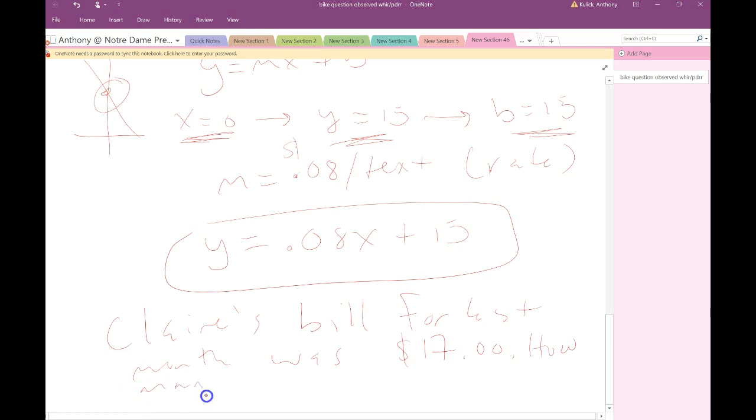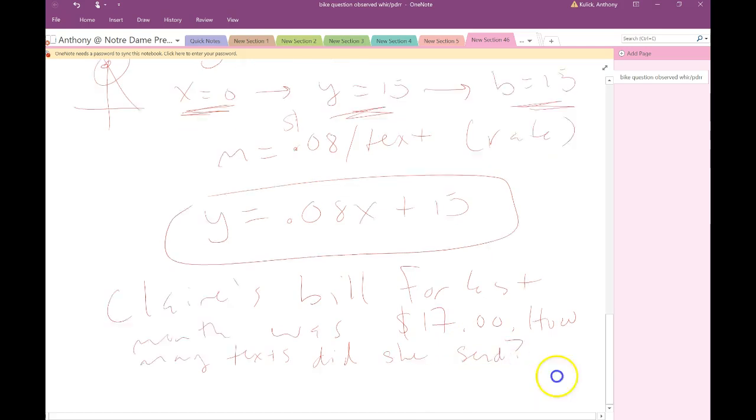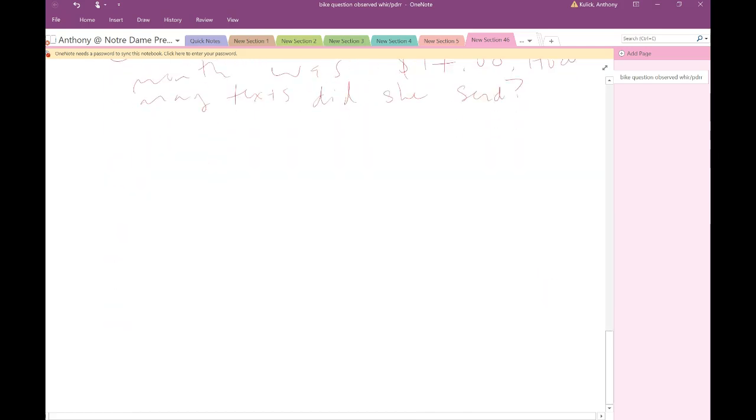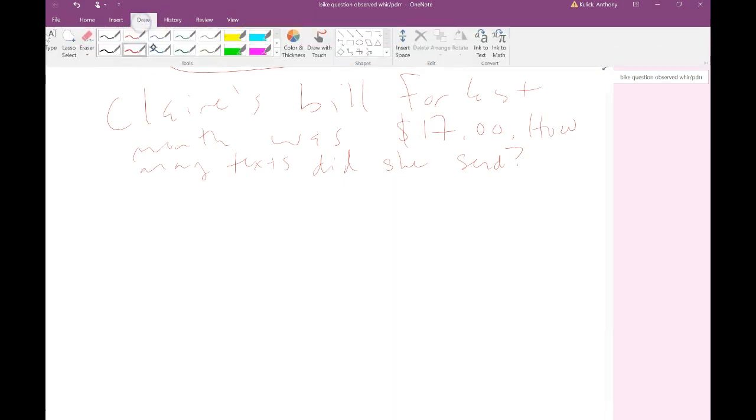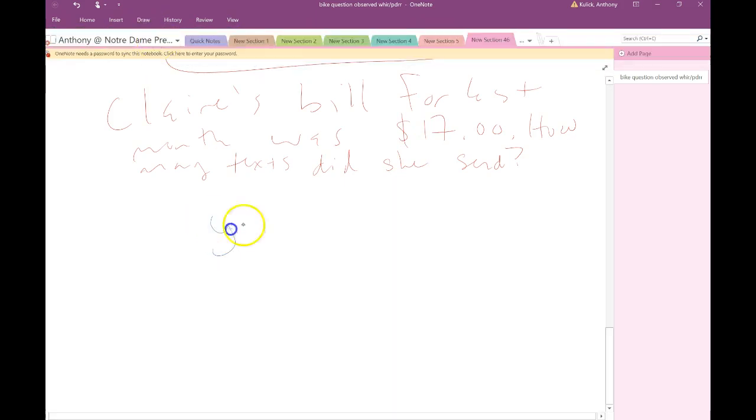How many texts did she send? So you're given $17 was our total bill. What is that $17 representing? That's a y value. And then I'm asking how many texts did she send? What is that asking for? X. So I want to find the x value for this specific y value.